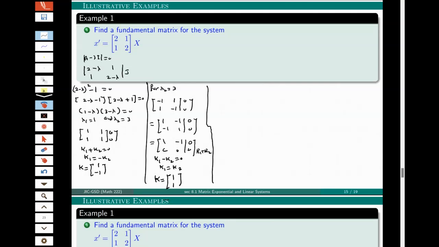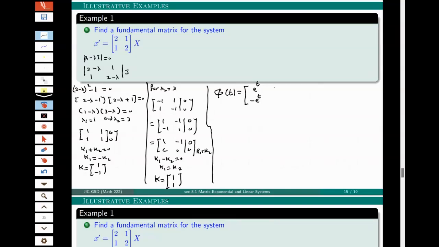Once we get the eigenvectors, we can define our fundamental function to be e to the power t times the first eigenvector, so it will be e to the power t and minus e to the power t.